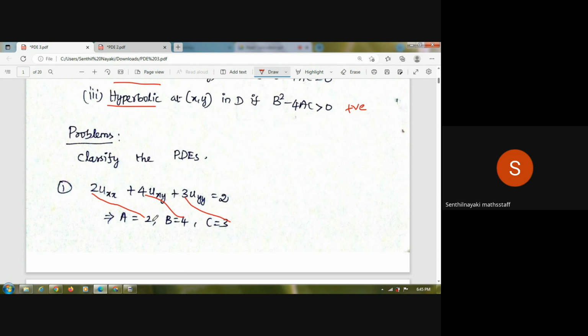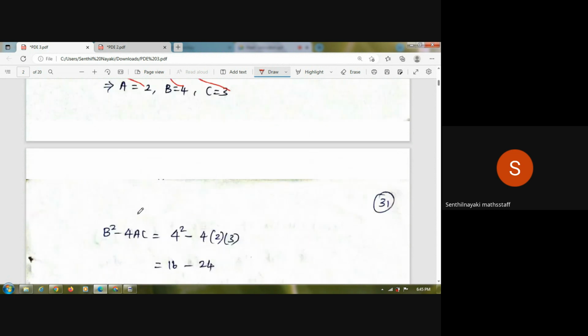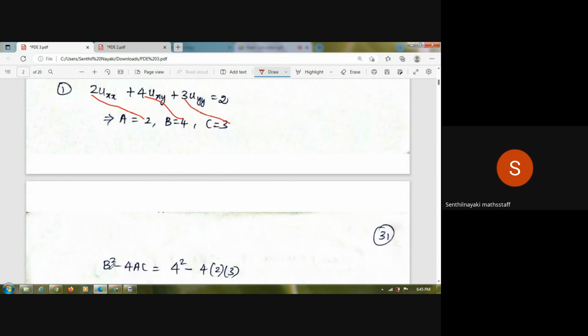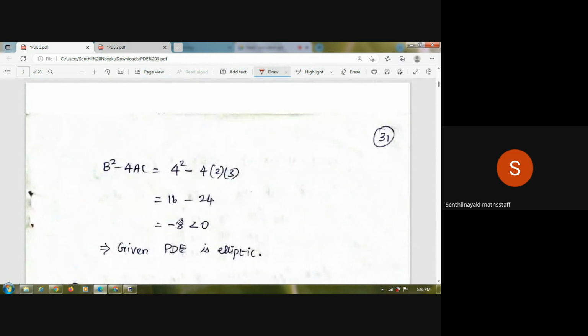After collecting the values of a, b and c, we have to find out the discriminant b square minus 4ac. So b square means 4 square minus 4, the a value is 2 and the c value is 3. Therefore 4 square is 16. Then multiply these three numbers, 4 2s are 8, 8 3s are 24. So we get minus 8.